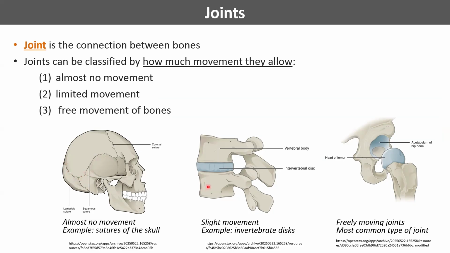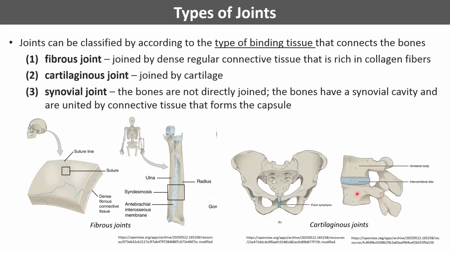Then there might be slight movement, like for example, between the vertebrae, and the joints will be provided by the intervertebral discs, or there can be free movement of the bones along each other. And this is also related to what type of tissue binds these joints.